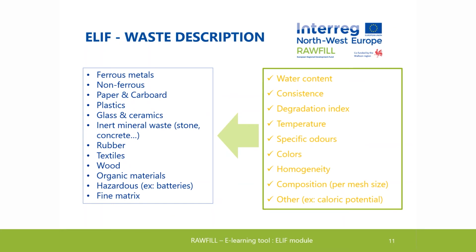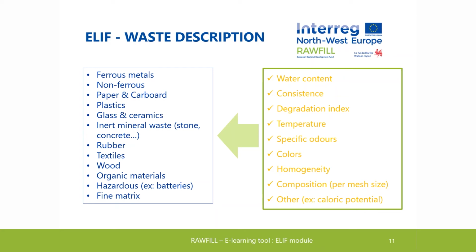For the waste description, parameters can be easy to acquire by a simple on-site visit and inexpensive lab tests, such as moisture content, consistency, degradation index, temperature to assess the presence of organic matter degradation, specific odors, color, homogeneity at different scales, and composition by size fraction.